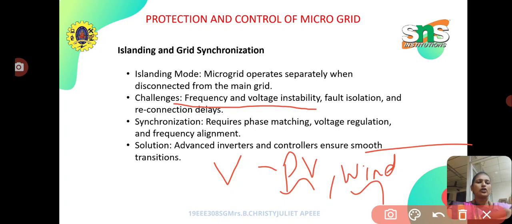So these distributed power generators have to adapt to synchronization. To rectify this problem, we can provide advanced inverters and controllers to ensure smooth transitions from one mode of power to the other, so that synchronization is easily achievable.